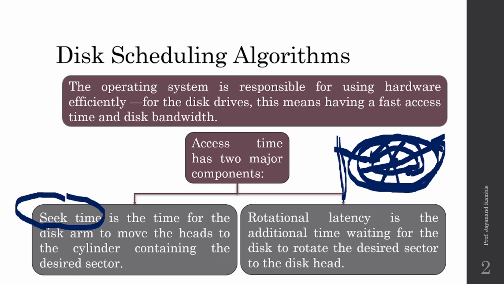So whatever additional time it takes to rotate the disk to the desired sector under the disk head, that time is called rotational latency. So these two are the access time required for accessing a particular block from the disk.